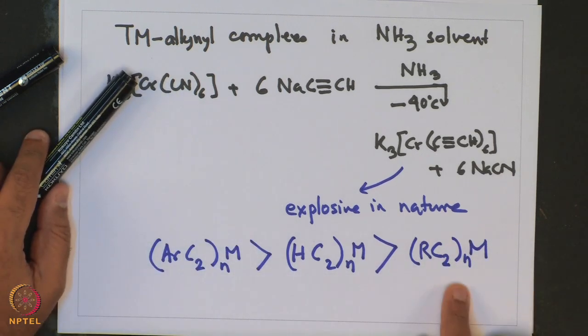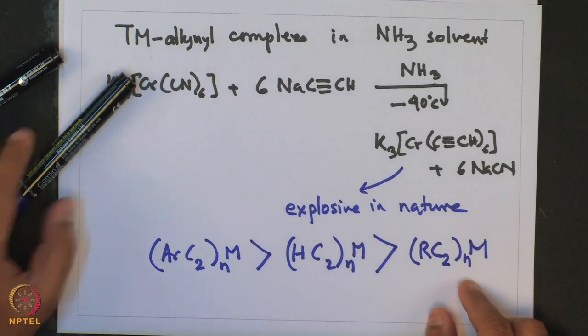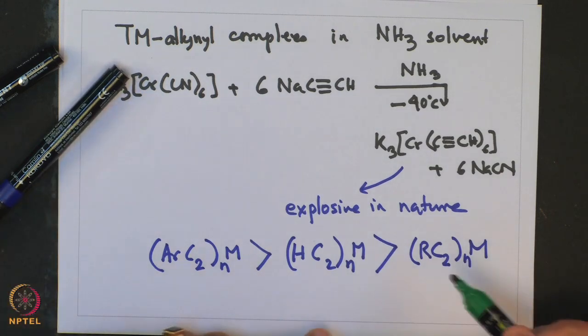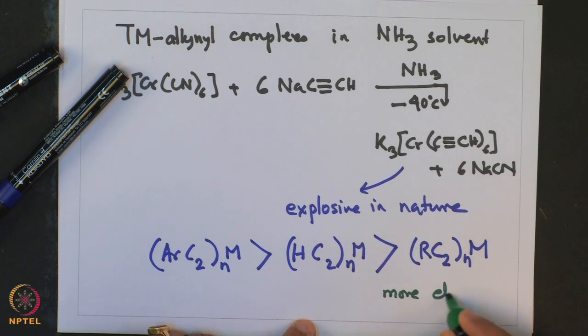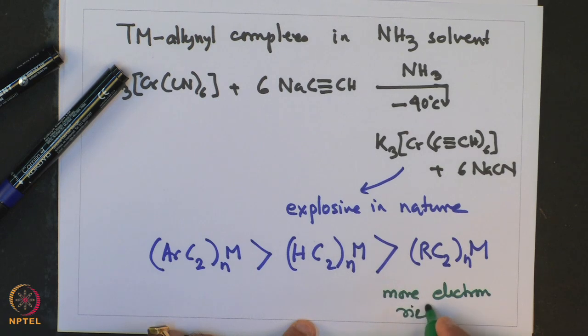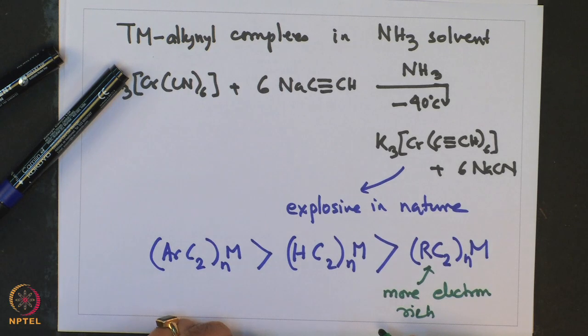Now, if one looks at this series, it is very obvious that the alkyl one is more electron rich, owing to the alkyl substituents.